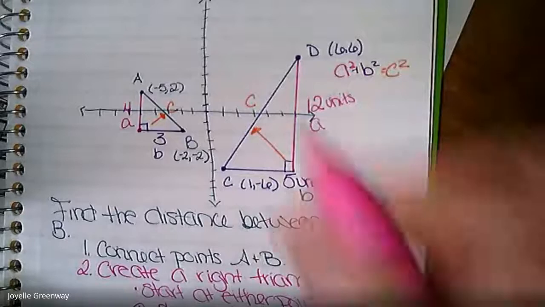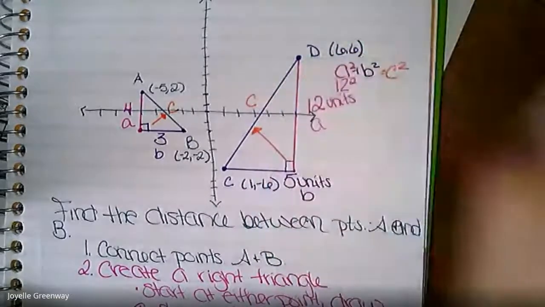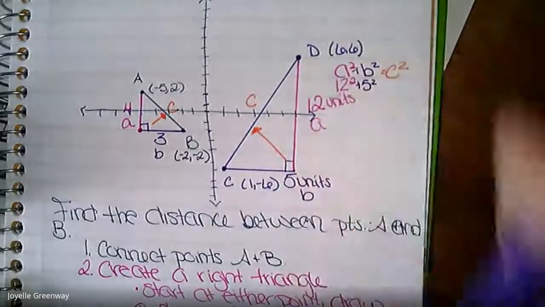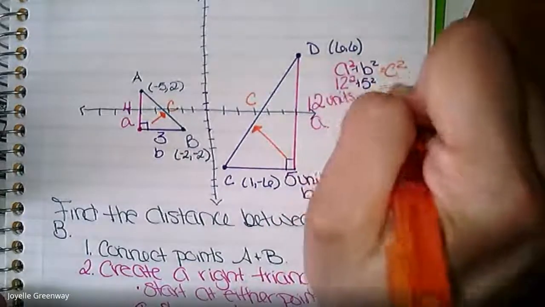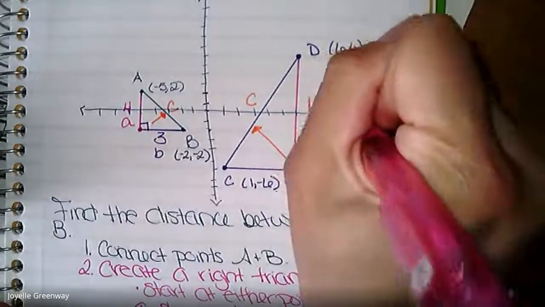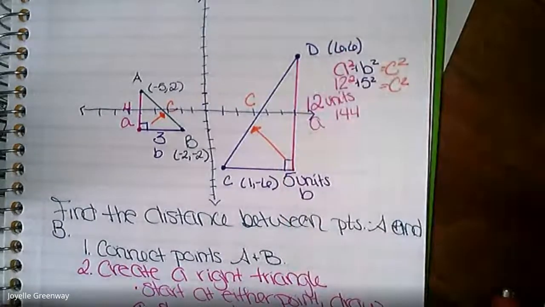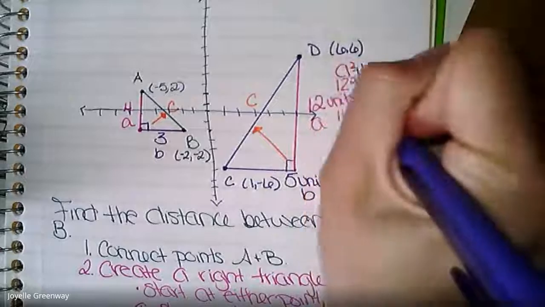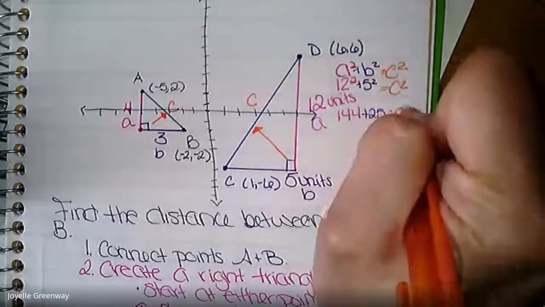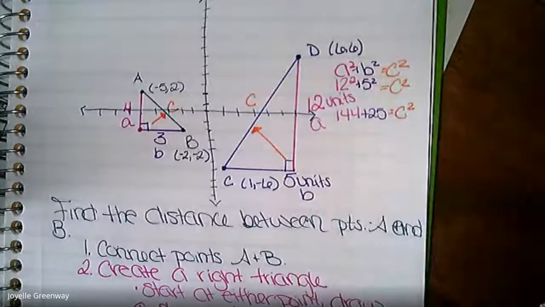A is 12, so 12 squared plus 5 squared equals C squared. 12 squared is 144, plus 5 squared is 25, and that equals C squared.